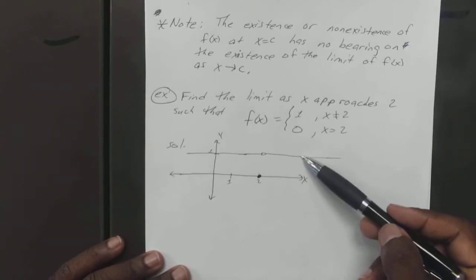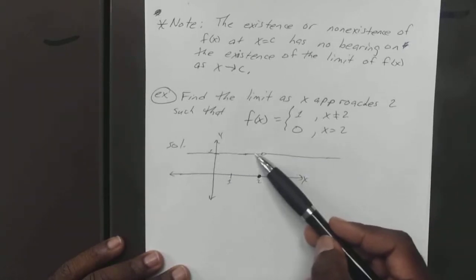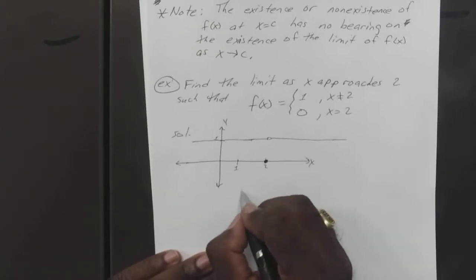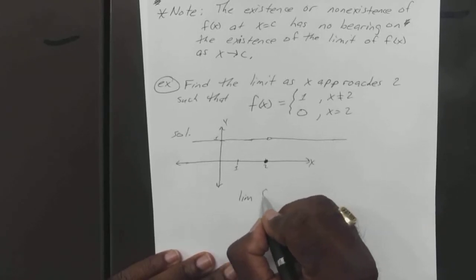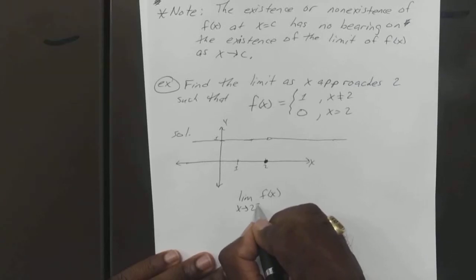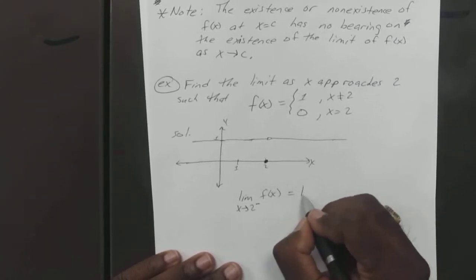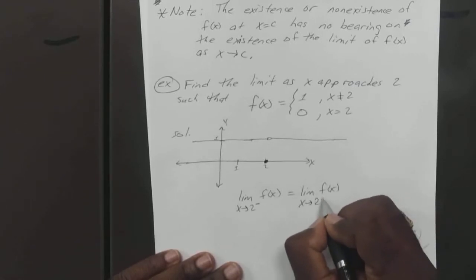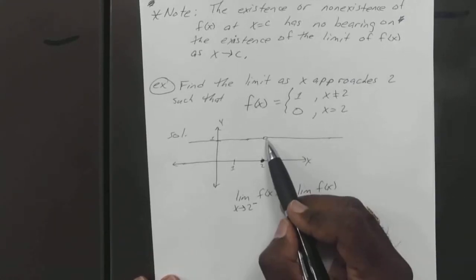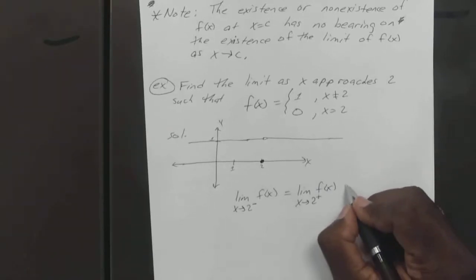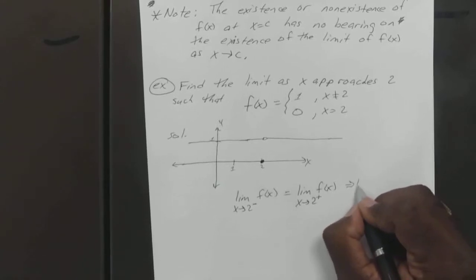Now, if you notice, as x approaches 2 from the right and approaches 2 from the left, the limit is still 1. So the limit of f of x as x approaches 2 from the left is equal to the limit of f of x as x approaches 2 from the right. They both exist. They have the exact same limit, which means they both equal 1.